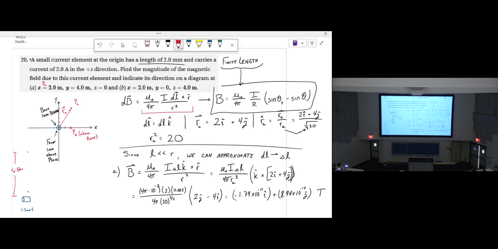So the angles that I would need to look for are this angle right here. I can't remember exactly, depending on how we derived it. Sine theta, you'd want it to be greatest at pi over 2.